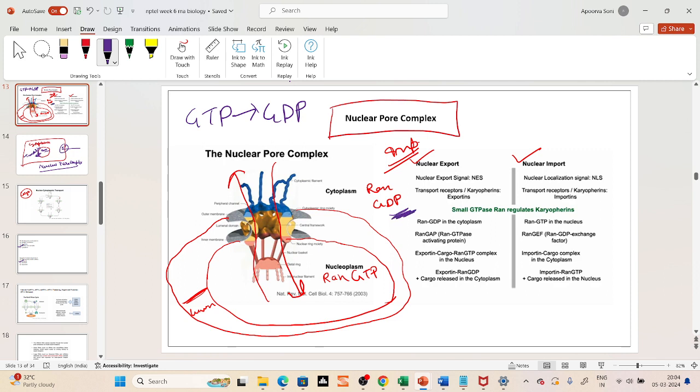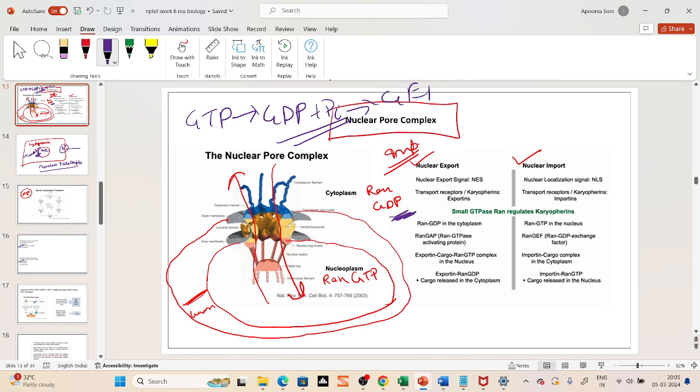Ran GAP is actually helping in the hydrolysis of GTP into GDP. Whereas in the nucleus, you have GTP because you have this guanine nucleotide exchange factor, which helps in the exchange and reassociation of a phosphate group, so that it becomes GTP again. This happens because of GEF.